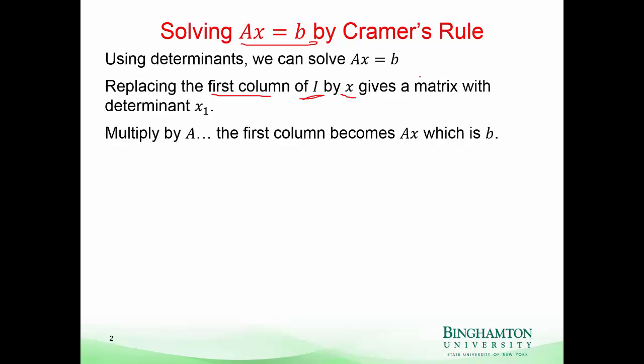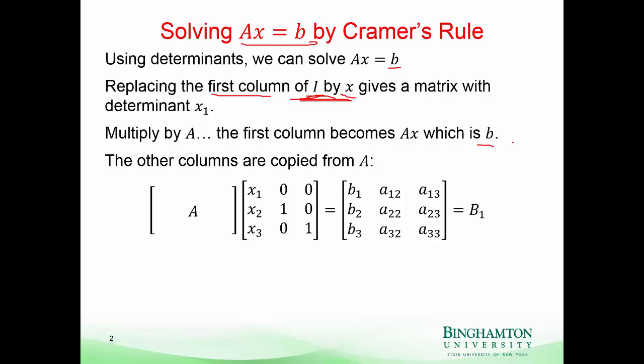So we know the b. So in that first column of A times this modified identity matrix, we can replace that with b. And if you further work it out, you can see that all the remaining columns of that product are just the remaining columns of A. So it gives us something that looks like this.